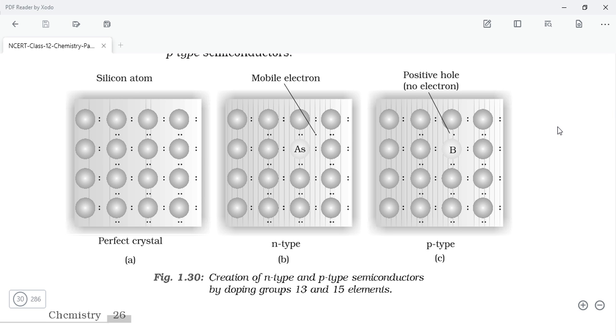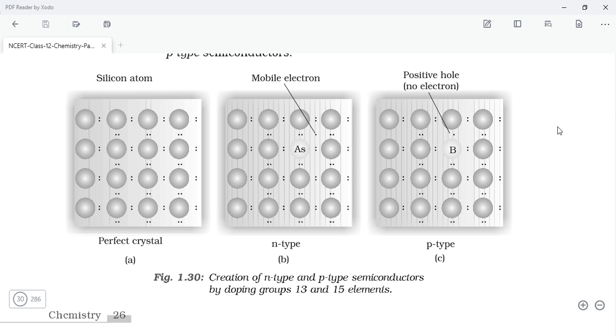So there is the perfect crystal that you see in the A part, and then you have n-type, where you increase the number of electrons because arsenic has more electrons than silicon, so it would increase the number of mobile electrons.